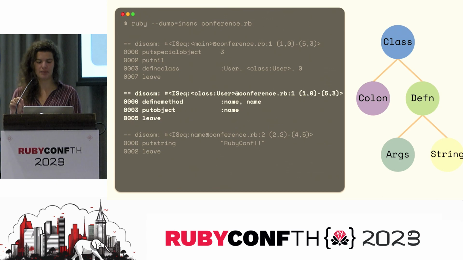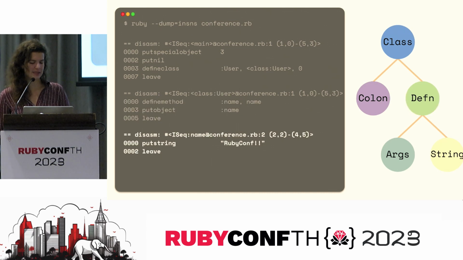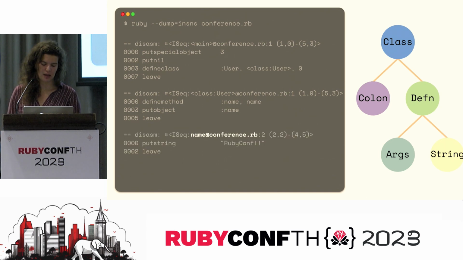We see define method around the name and the name method, and a put object around name. We can see this has to do with the class, which used to be called user and is now called conference. Further past this, we see this name at conference.rb, the name method, and we see a put string in there, which we know has to do with our string node there.